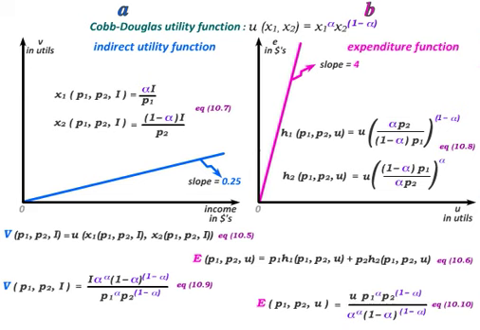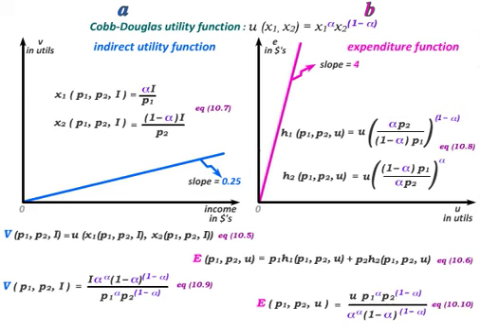Knowing how to get from an indirect utility function to an expenditure function or vice versa can be truly useful on an exam. You might be given one function or the other and then asked to derive a concept that you could easily get from the other if you can only get to it. It turns out it's pretty easy to get from one to the other.